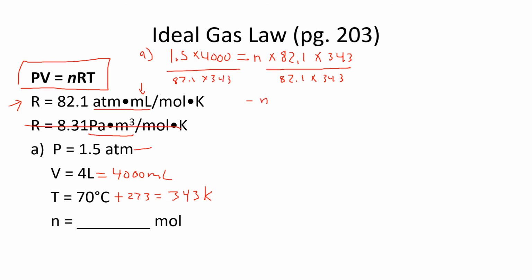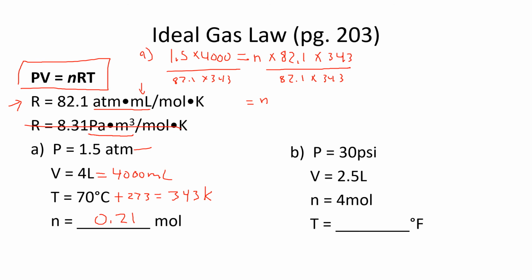So how many moles do we have in this ideal gas setup? 1.5 times 4,000 divided by 82.1 divided by 343. That gives you about 0.21 moles.